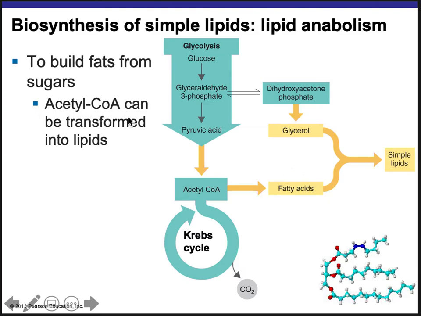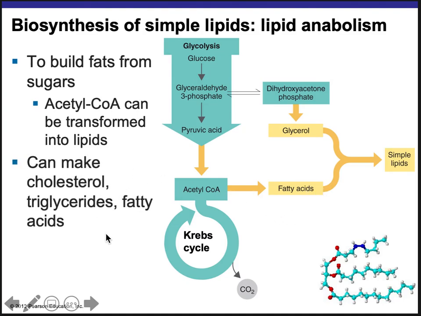So acetyl-CoA can be transformed into lipids, right? Acetyl-CoA is you took pyruvic acid, you removed a carboxyl group, you added the coenzyme, and it's acetyl-CoA, and that can be transformed into fatty acids.